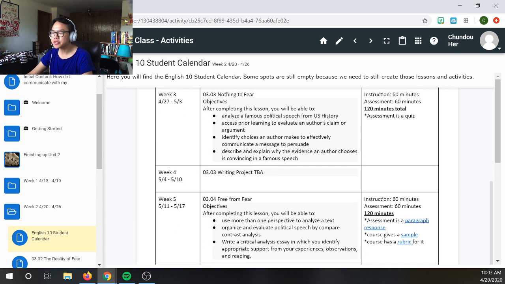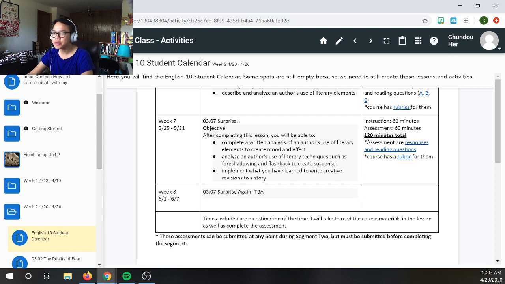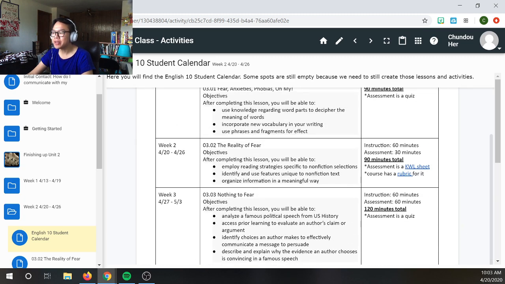There are some things that are still TBA, like for example, week 4, we haven't quite worked out the assignment for that yet because we're straying a little bit from some of the canned curriculum. And also week 8, when we have kind of our final for the class. But otherwise, everything else is in here.